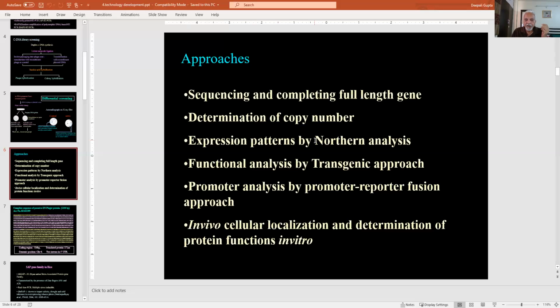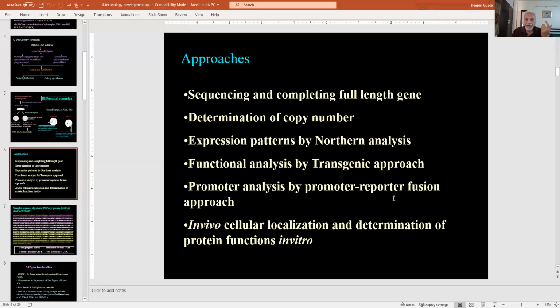So the only way to check the differential expression was Northern analysis. And then once you establish that the gene which one has isolated needs to be validated, validation is done through a transgenic approach. So whether you silence the gene or overexpress the gene, both approaches are interchangeably used.